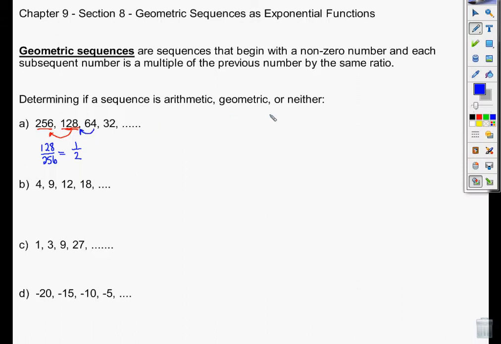And then we do 64 over 128. And if we reduce that, we get 1/2. And then we do 32 over 64. And if we reduce that, we get 1/2. We're getting 1/2 each time. So the ratios match. So yes, geometric.